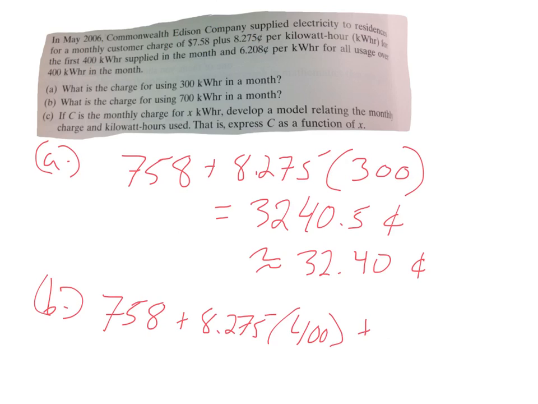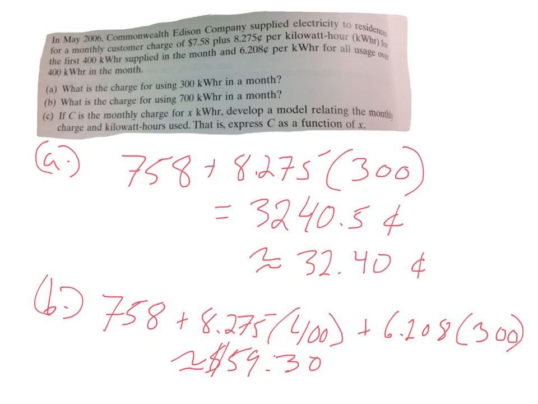So how many hours is the last part, if we're using 700 hours total? 300, so you're going to be charged 6.208 times 300, right? And that ends up being about $59.30.